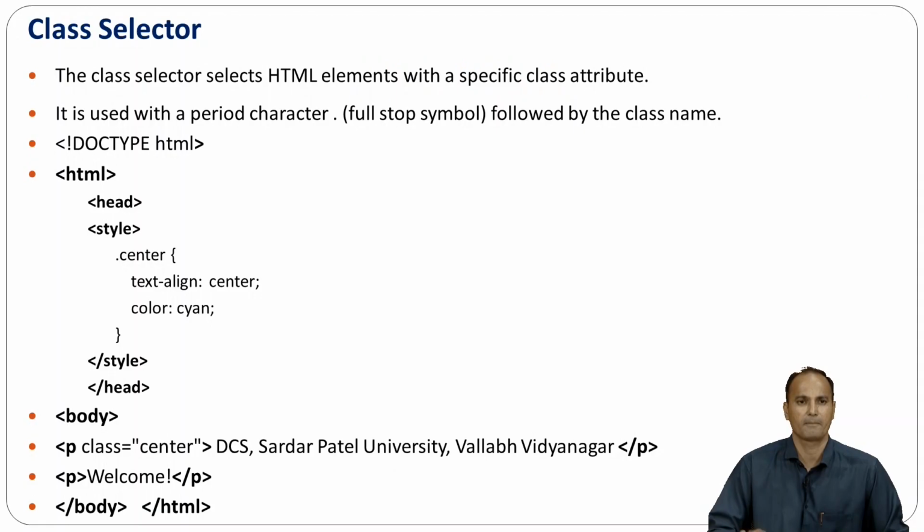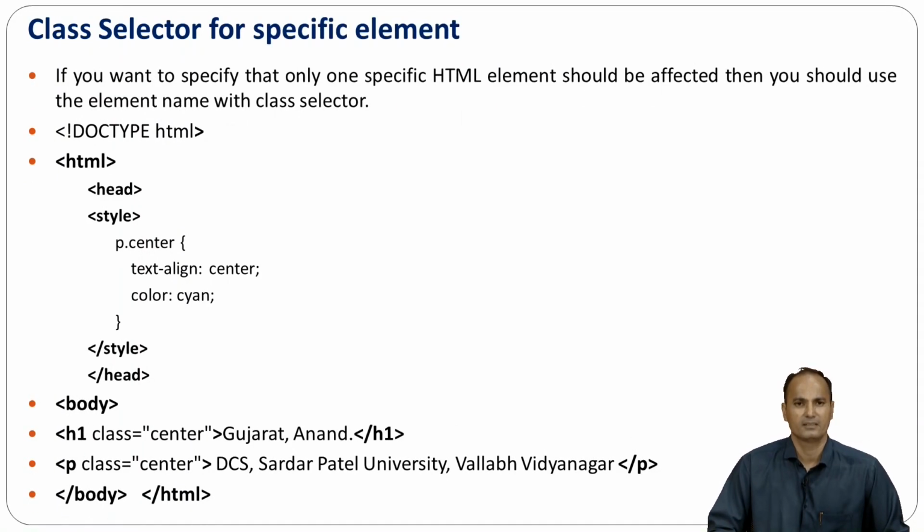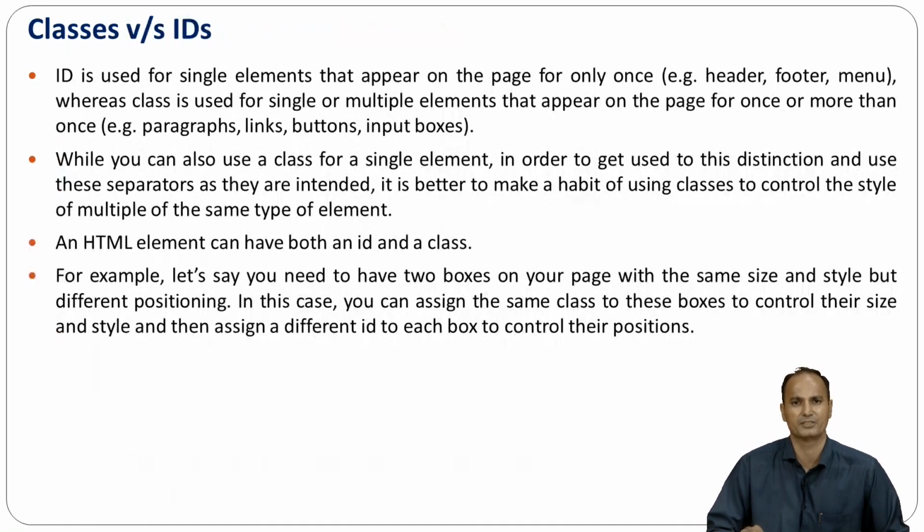Moving next is for a specific element, as we already discussed, by associating with an element. The difference between class and ID selectors, as we already discussed: the ID is used for a single element that appears on the page only once, like header, footer, menu.